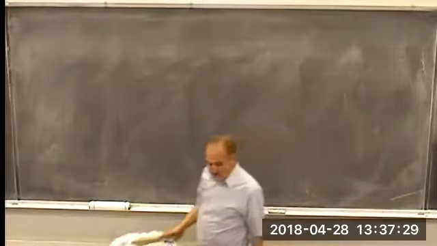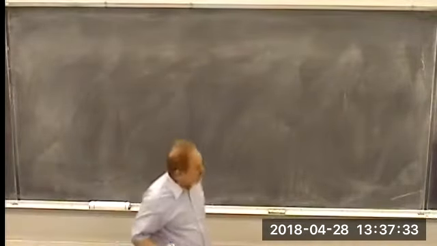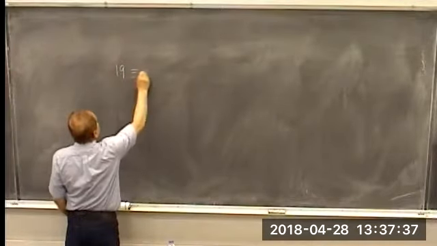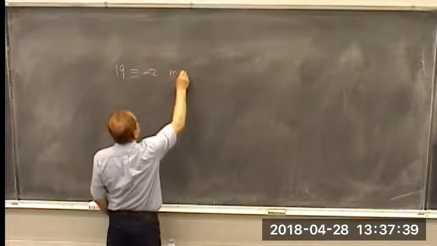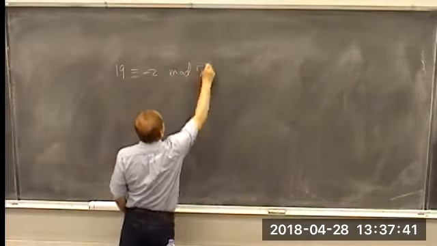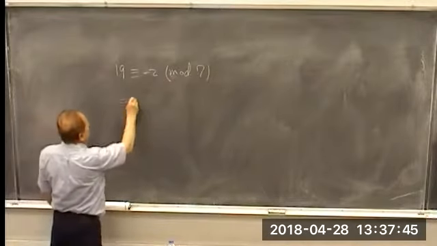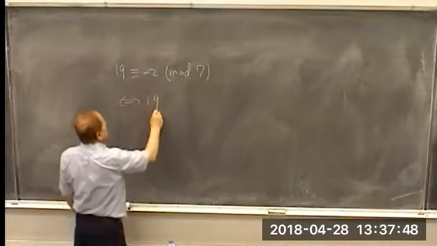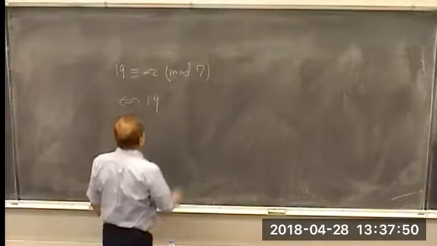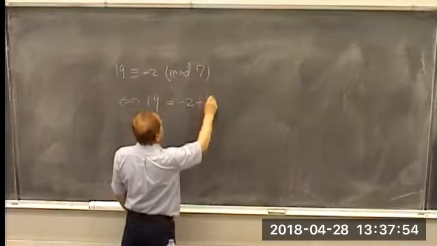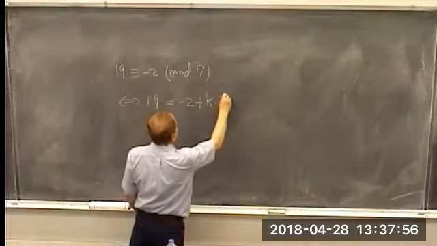If I look at 19 is congruent to negative 2 mod 7, this is equivalent to saying that I can write 19 as negative 2 plus some K times 7.